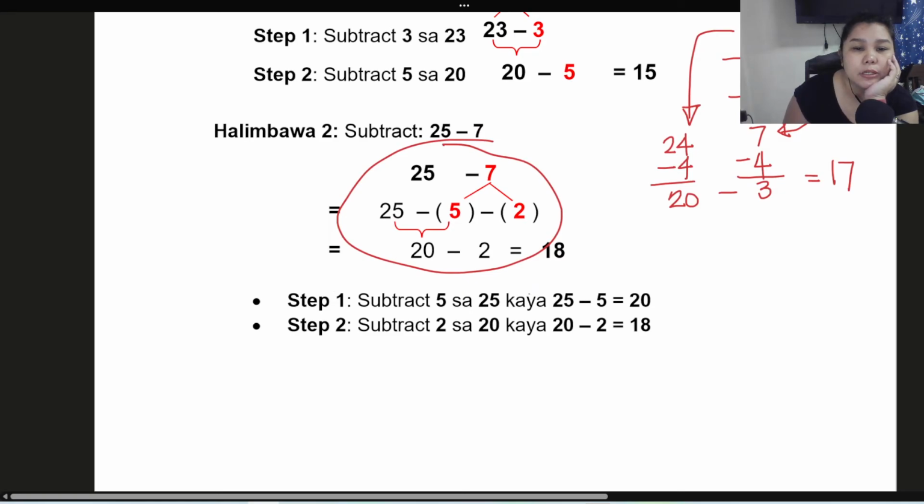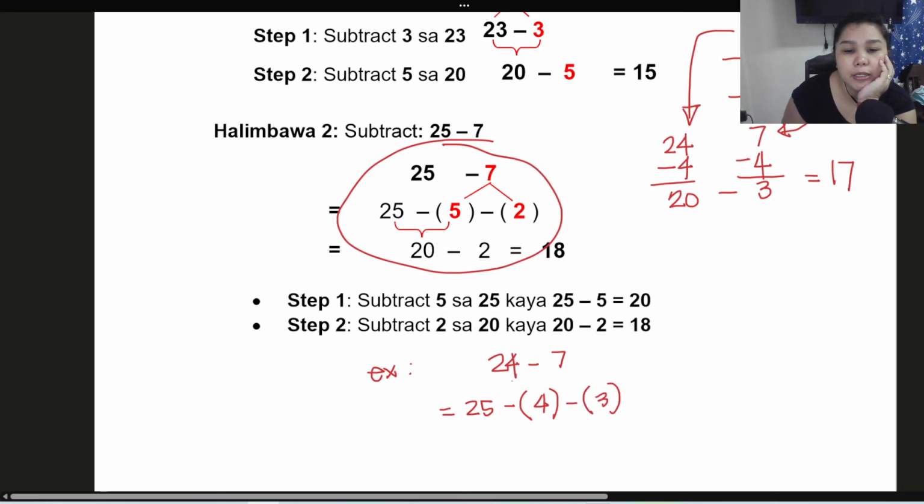So, let's have, isulat natin maayos. Example. Halimbawa, itong 24 minus 7. So, ang mangyayari equals minus 4 tapos 3.